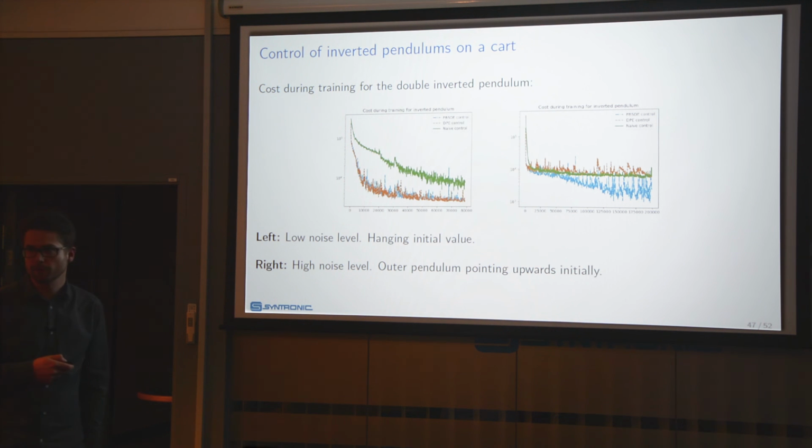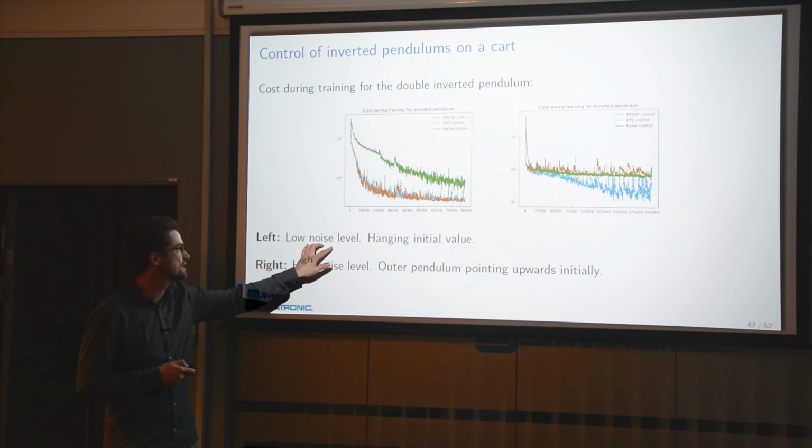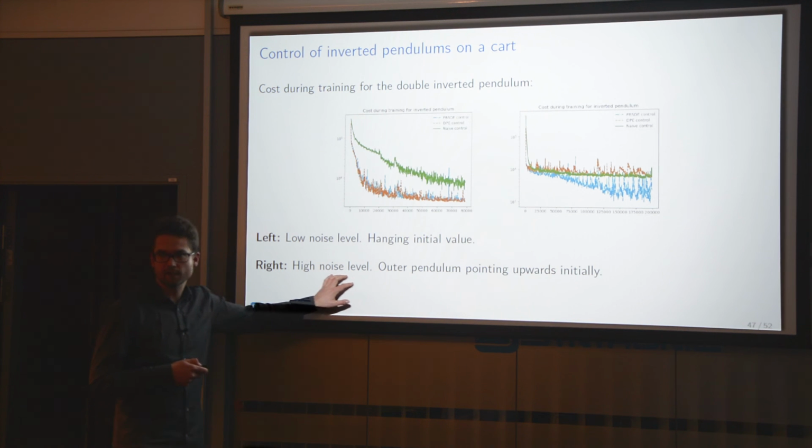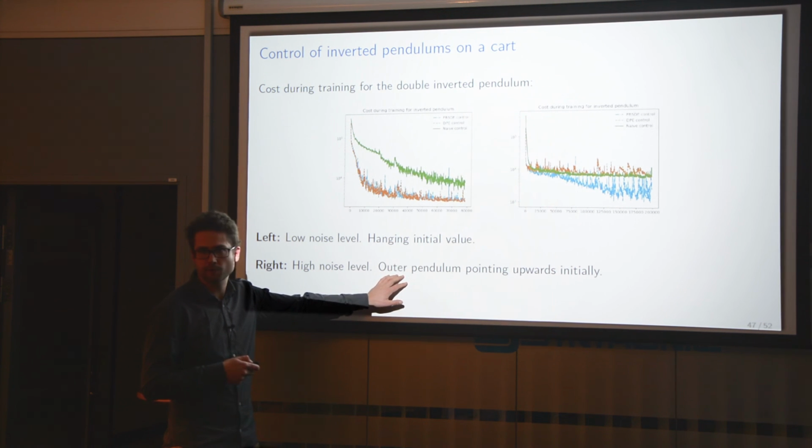This is the cost plot for the double inverted pendulum. There are 2 different cases here. The essential difference is the low noise level. And they also have different initial values, and that was the one you saw on the animations. So one was pointing down, and the other one was pointing upwards.